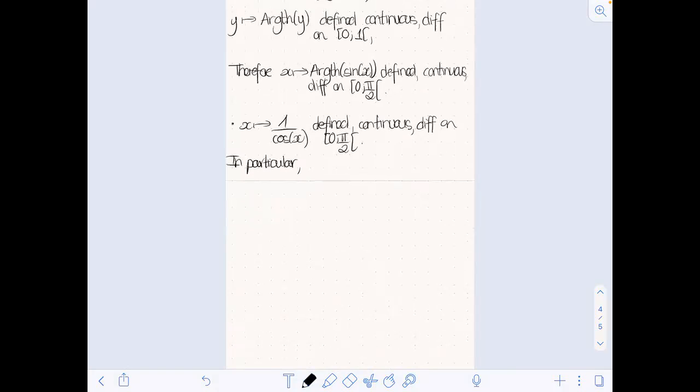If we take a look at cosine of x, does it have any monotonicity on 0, π/2? It's increasing. Decreasing. Yeah, sorry, it's decreasing. No problem. This one is decreasing.